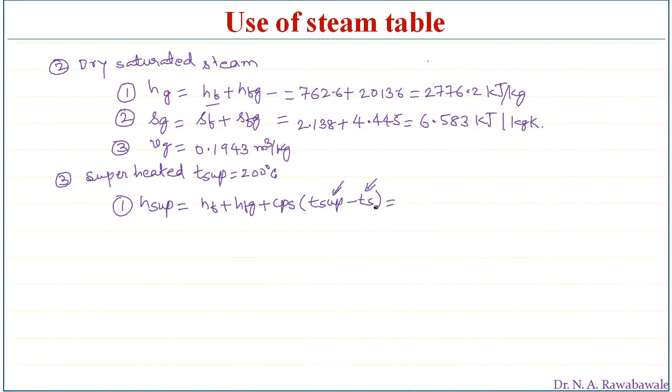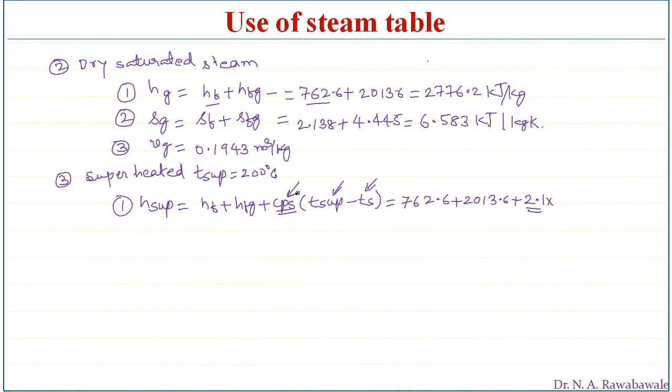So here Hf value we know, 762.6, already we have used it here, and Hfg value is 2013.6 plus specific heat at constant pressure for steam is 2.1 kilojoules per kg degree Kelvin. So this is taken as 2.1.